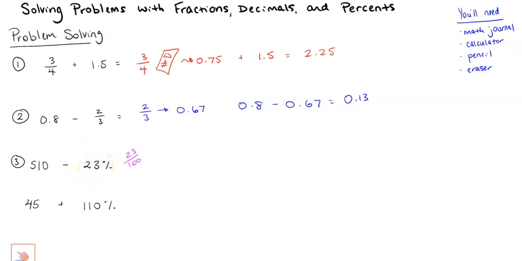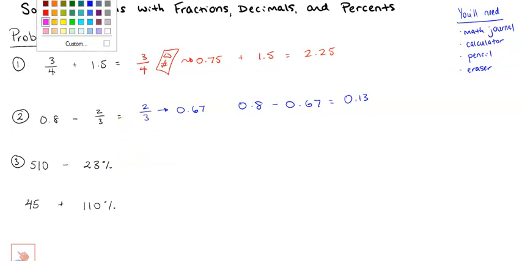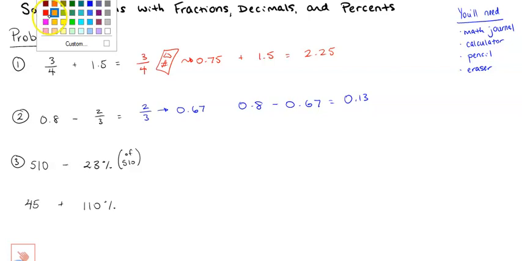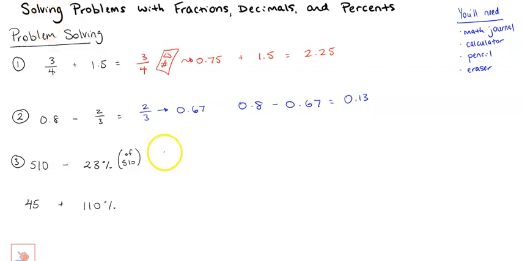In this case, I'm talking about this 510. I want to take away 23% of 510. So I need to figure out what is 23% of 510.